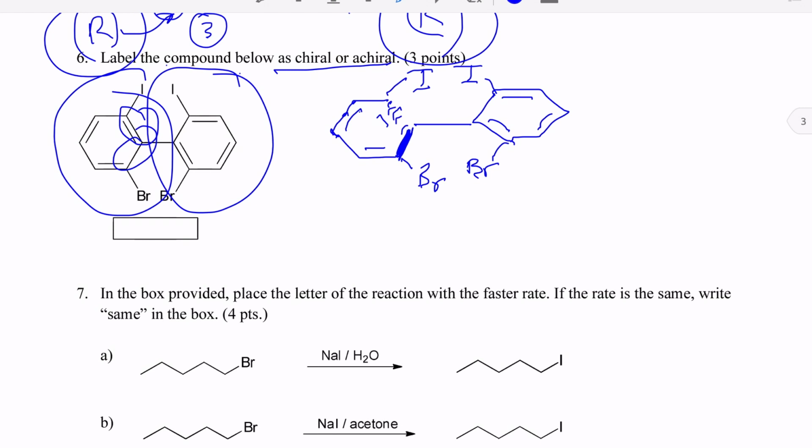So now that we have the geometry of the molecule settled, what we have to do is to see, well, is it chiral or achiral? So now we can't draw an apparent plane of symmetry, but what we can do is draw its mirror image.